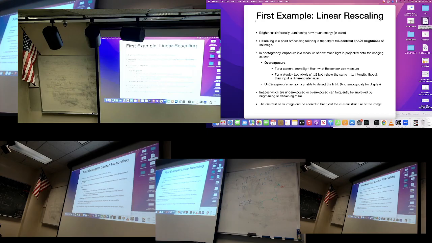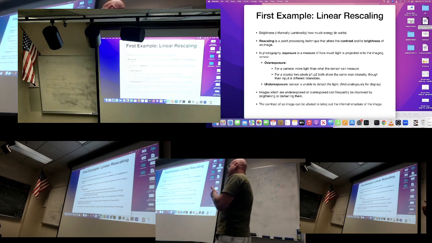So linear scaling, that is, I'm just playing with the brightness. In photography I can speak about overexposure, that is, the camera gets more light than the sensor can really measure.